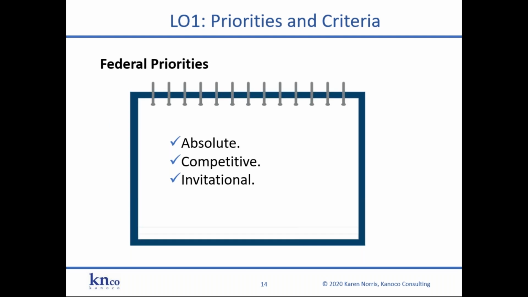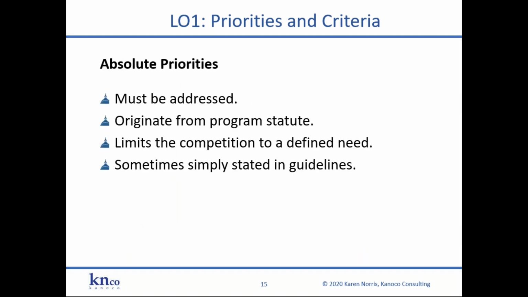And also you can look up the statute itself to get the source language, which is sometimes nice to include, a quote or some phrasing from the program statute in your grant proposal. Priorities are usually, at least federal priorities, structured into three little groups: the absolute priorities, the competitive priorities, and the invitational priorities. So let's look at each one.